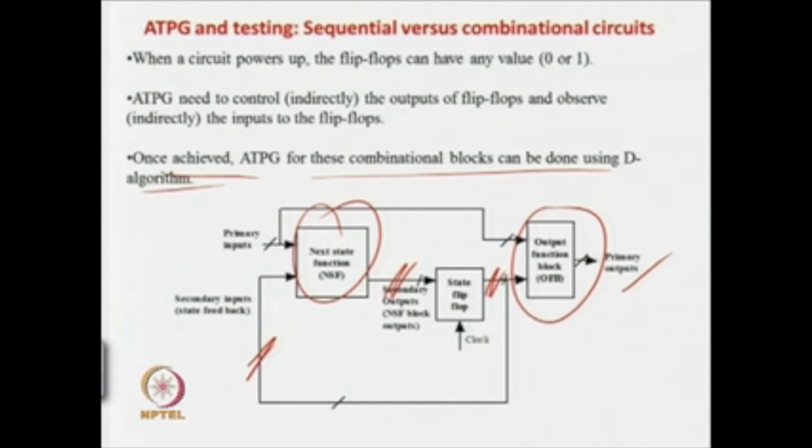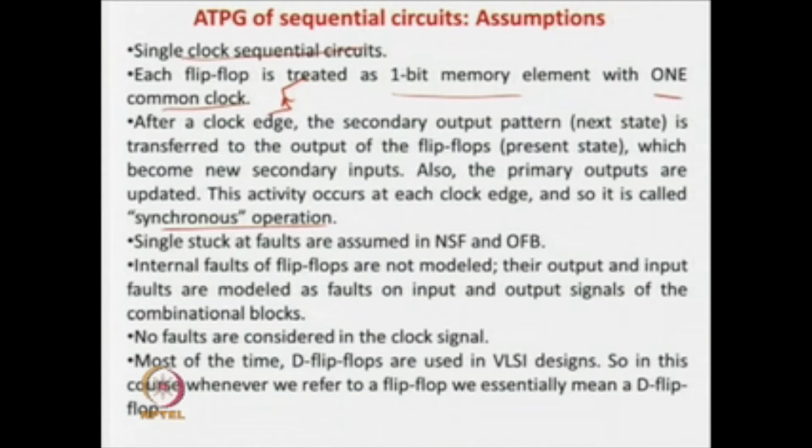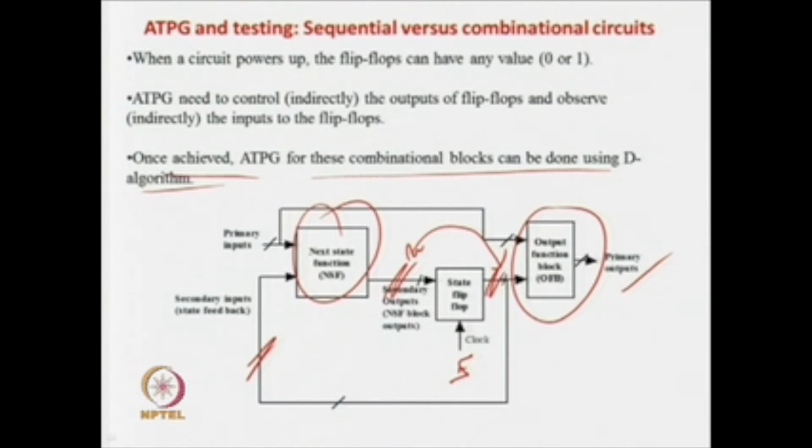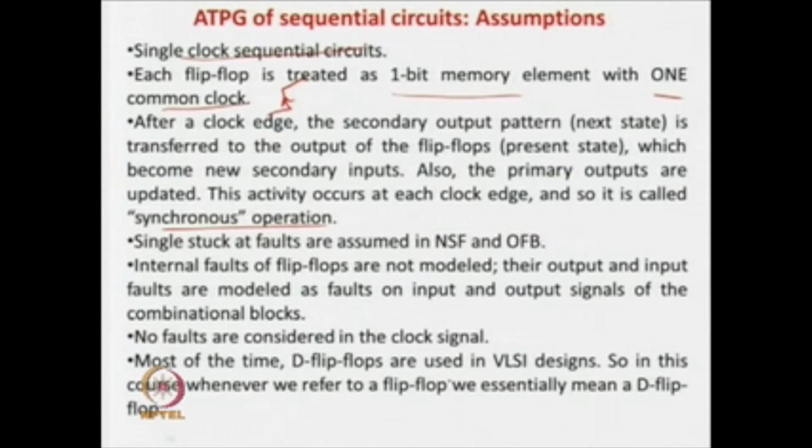Basically, there can be some input here, you give a positive clock, and after the positive clock edge this output will come at this one, and it will happen for all the state flip flops in one go at the positive edge of the clock. All these changes we are calling secondary output. Secondary output will become secondary input at the positive edge of a clock, and this will happen for all the flip flops in this circuit. So it is called a synchronous operation.